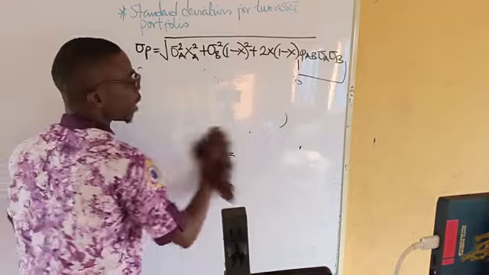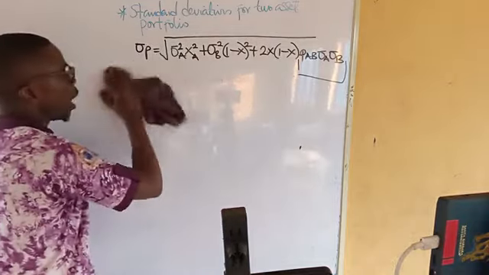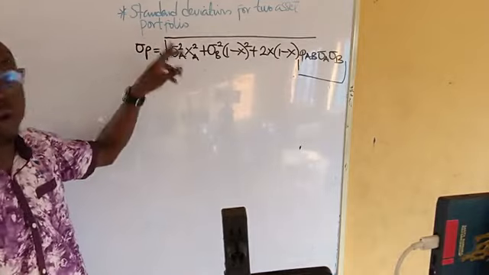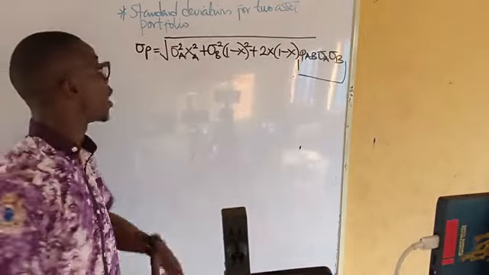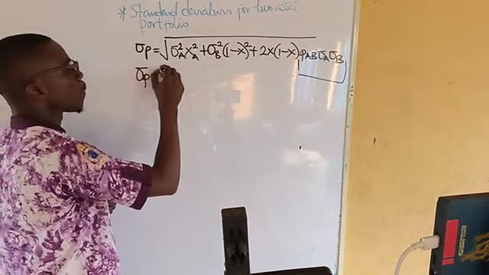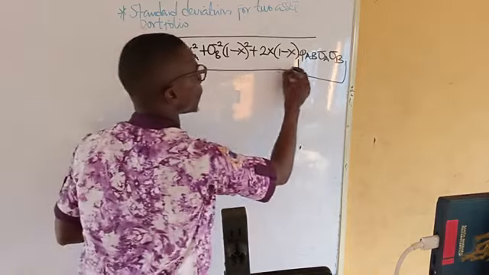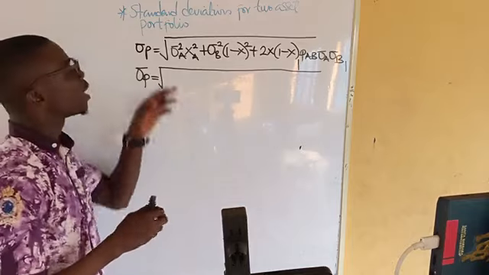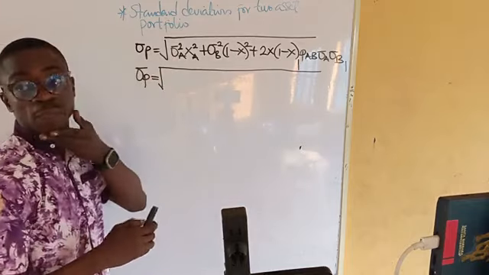So let's calculate the risk now. And we are going to calculate the risk using what? The standard deviation of the portfolio. So the formula is already here. So let's now look at it. What is the standard deviation for investment A?